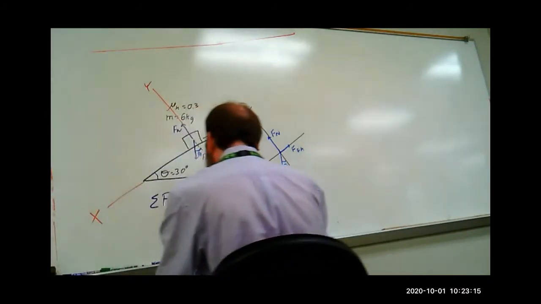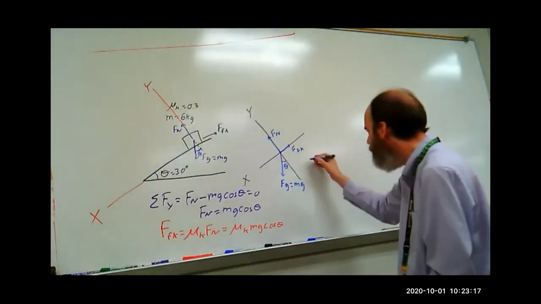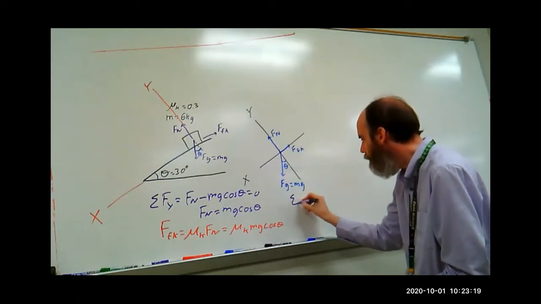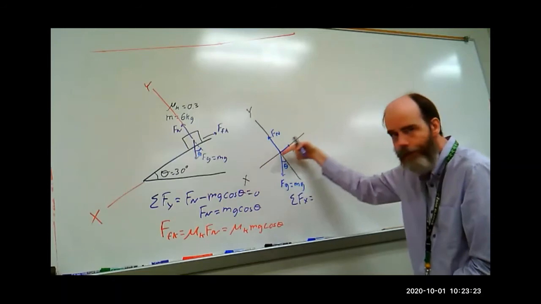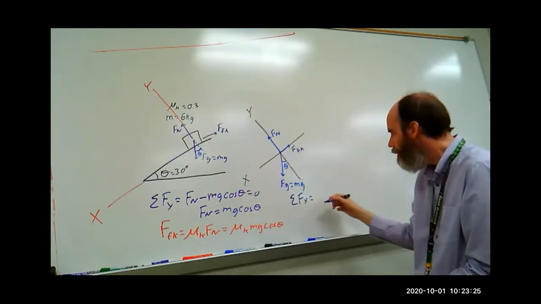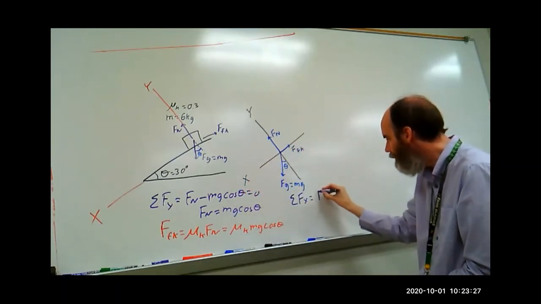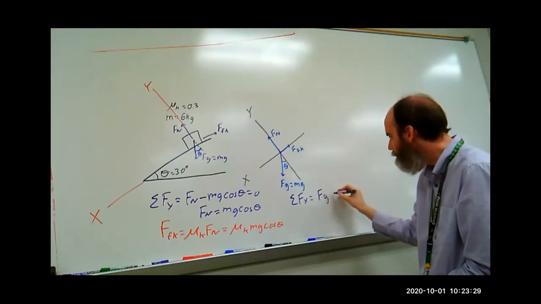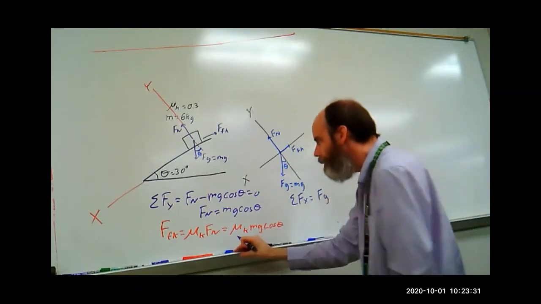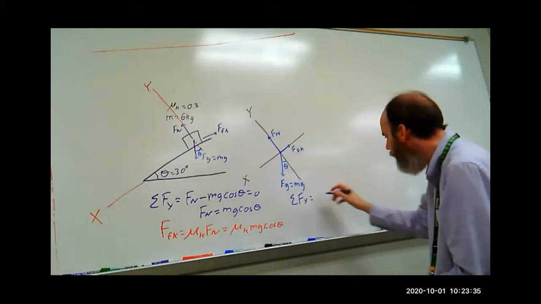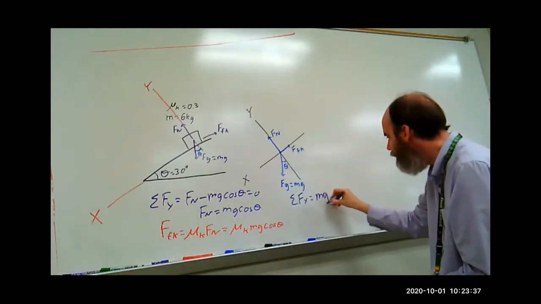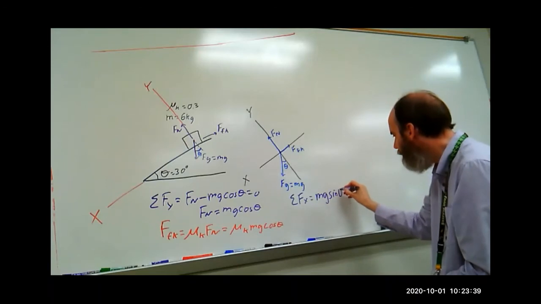Here's what we have. Sum of forces in the x direction. I'm taking this way to be positive. So we have the component of gravity, Fg, let's call it mg, so this is mg sine theta.